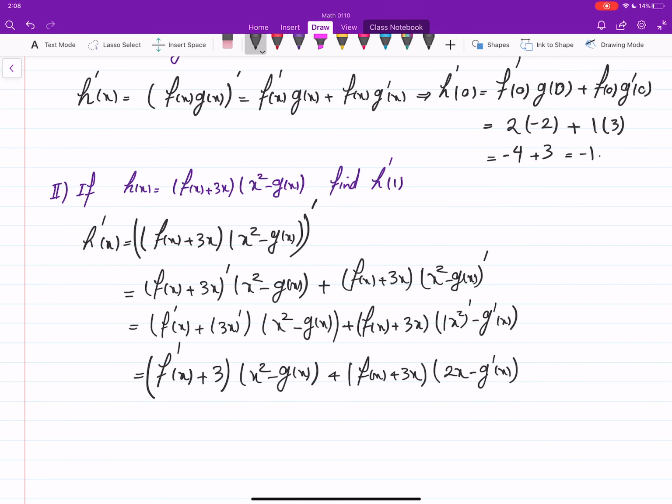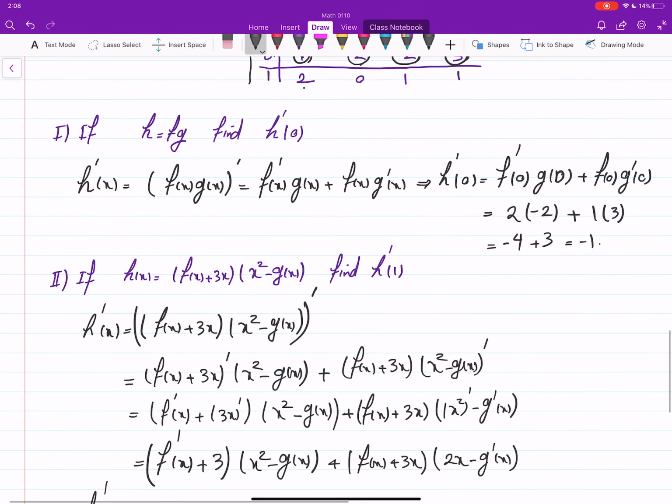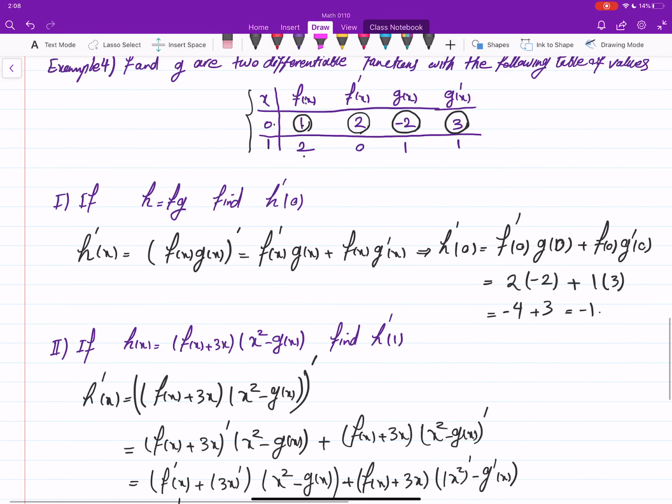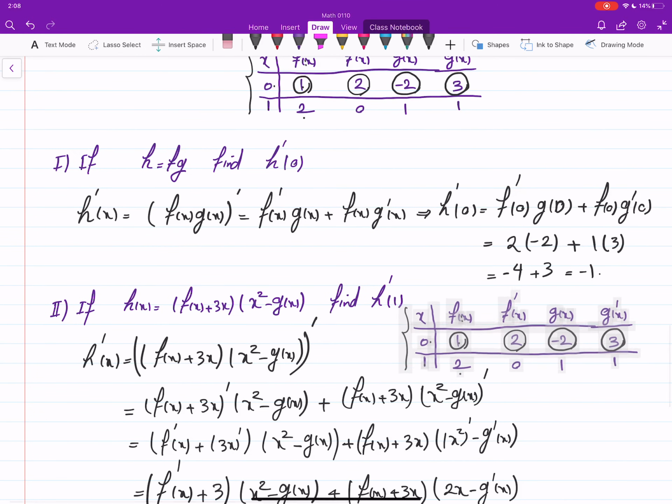Now we are trying to find h prime at 1. It means that I need to use these values up there. Let me just copy this and cut it and bring it down like here.